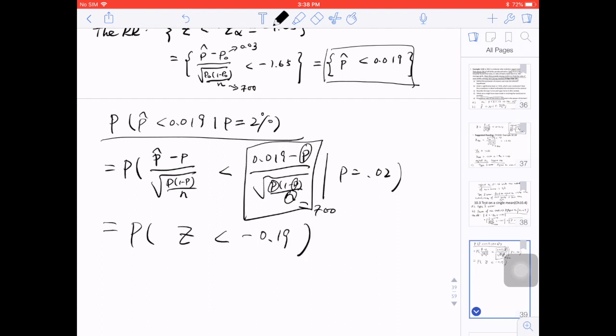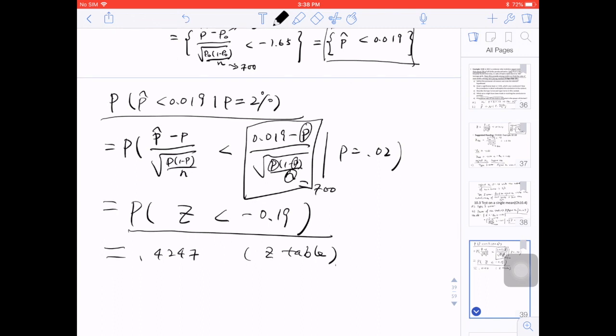Okay, is negative 0.19. And then this corresponding probability is equal to 0.4247 if you check the Z table. Okay, so in the previous examples, we always checked this value given this probability. But in this problem, this value is given, and you check this probability. Okay, it's equal to 0.4247.